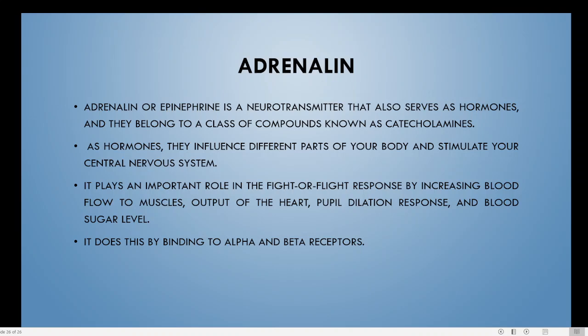As a hormone, they influence the different parts of your body and stimulate your central nervous system. Central nervous system means your brain and spinal cord. So that is one way adrenaline influences your body, by influencing or controlling your brain and spinal cord. It plays an important role in the fight or flight response by increasing blood flow to the muscle.